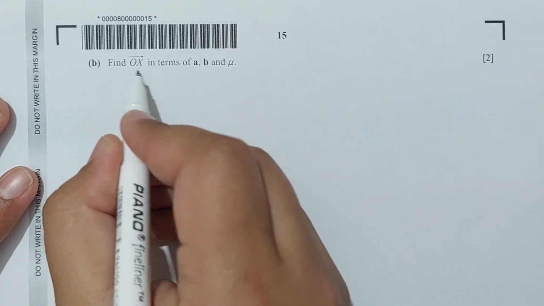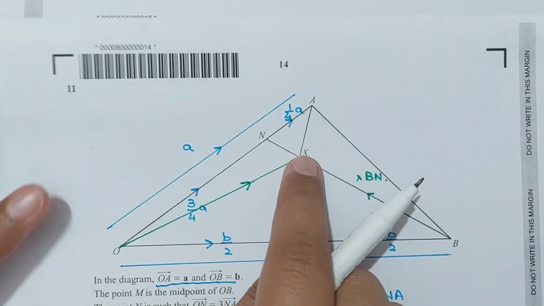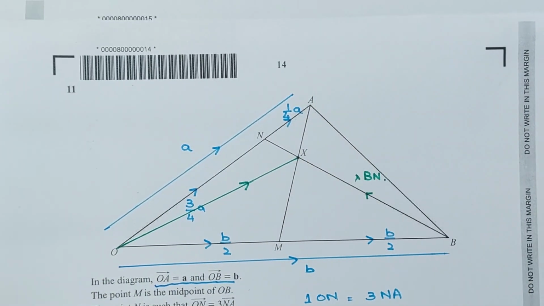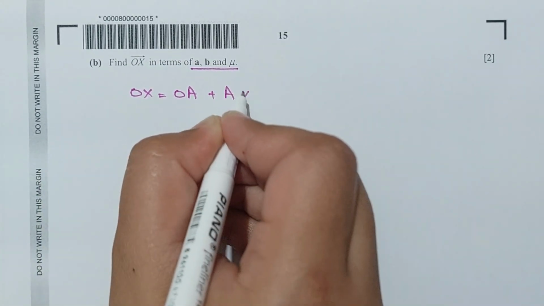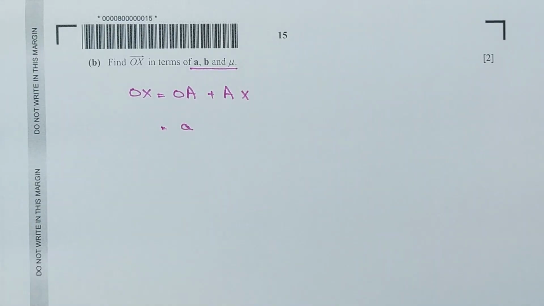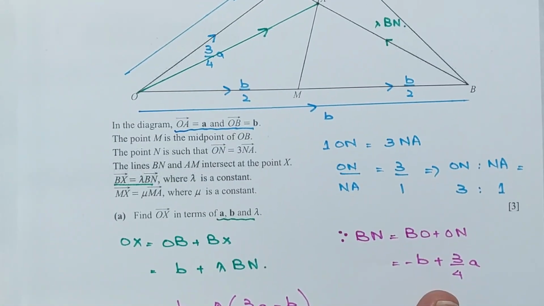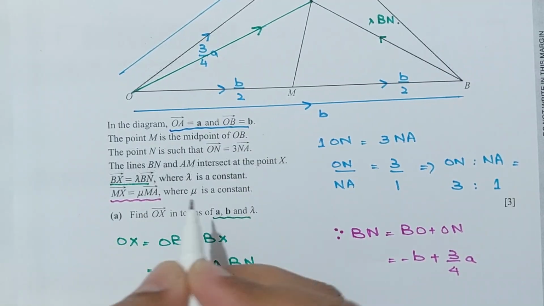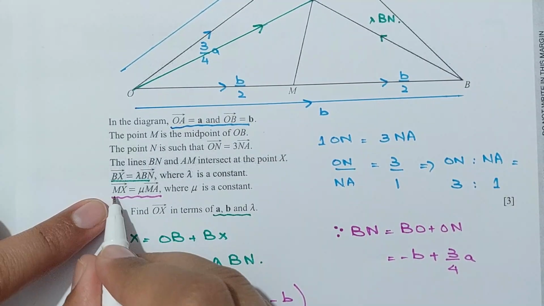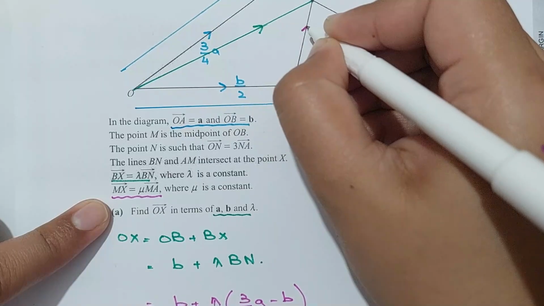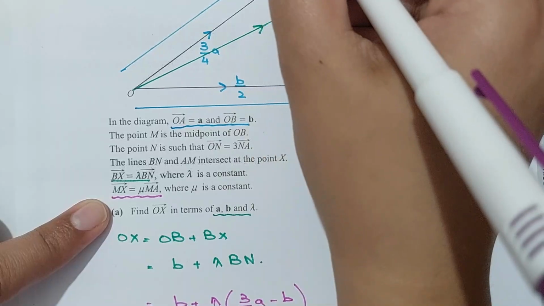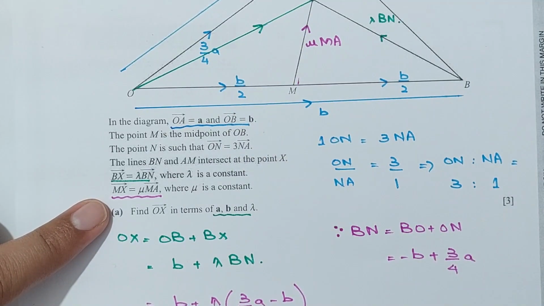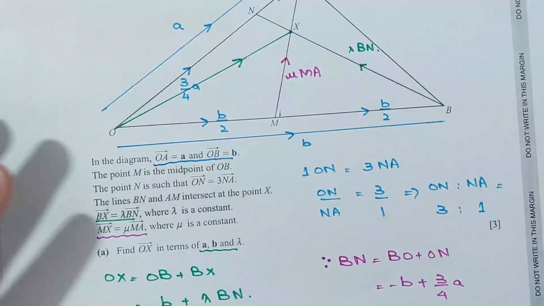Part B, find OX in terms of A, B and mu. We have to follow the next path, from O to A to X. OX is OA plus AX. OA is a vector A. What is AX? According to the given information, MX, M to X, is mu of M to A. Let me solve for MA first.